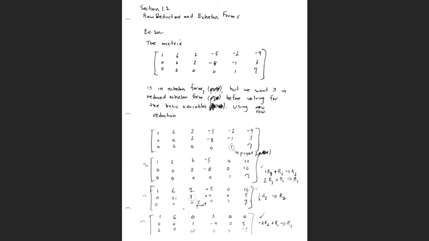What I have here is a solution. We know that the matrix is in echelon form, but we want to get it in reduced echelon form before solving for our basic variables.